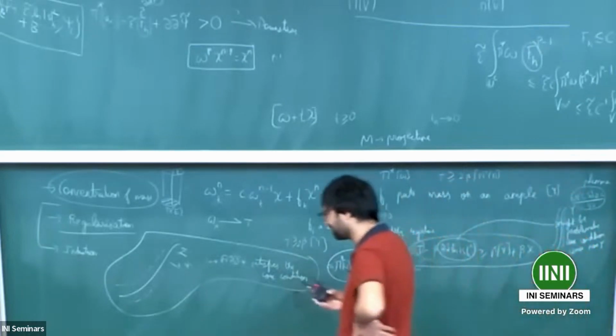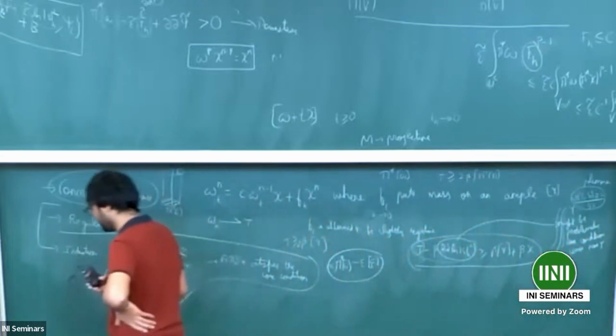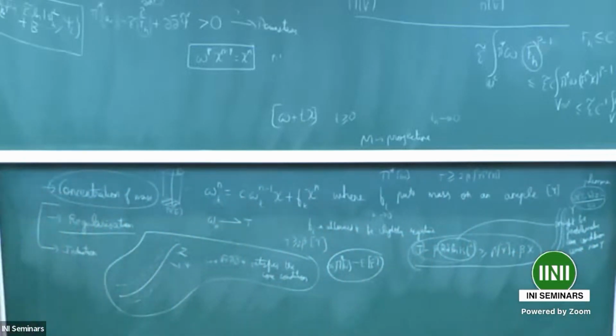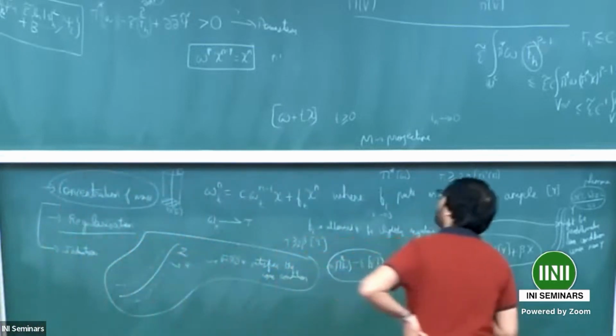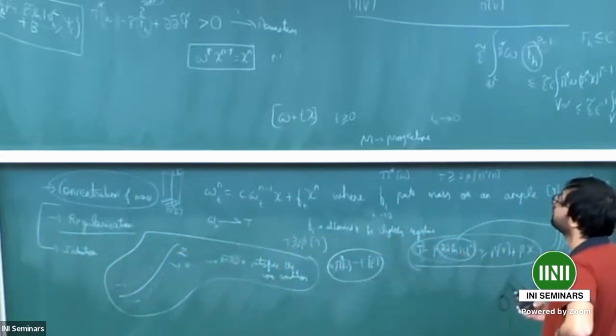Wait, but is that the case? Suppose the solvability of this depends only on the cohomology classes. If you give me a chi, I want to find an omega.